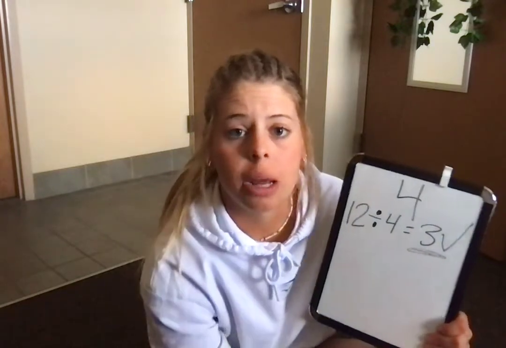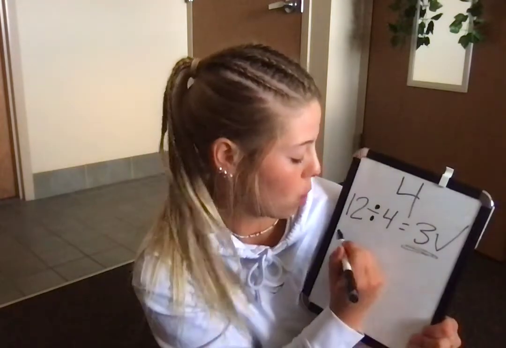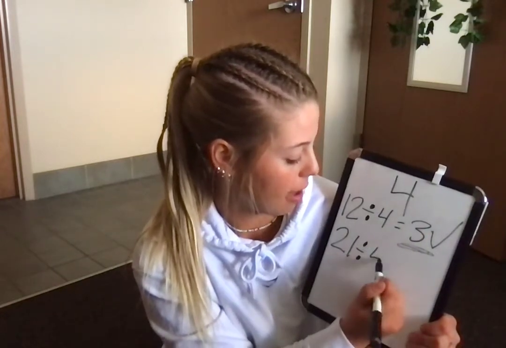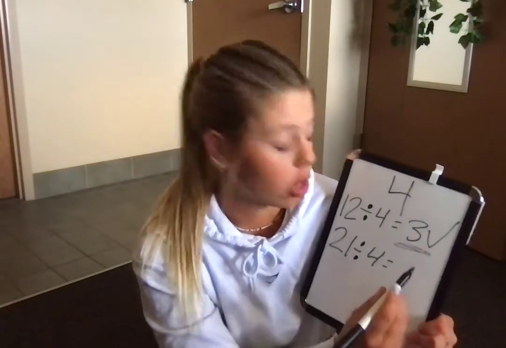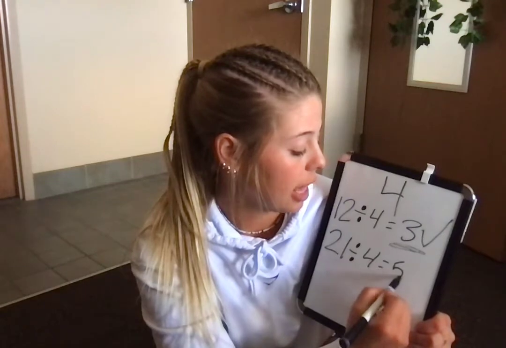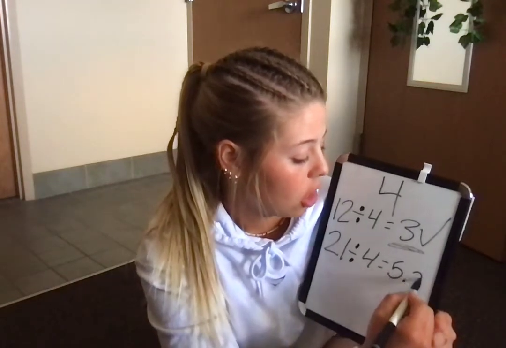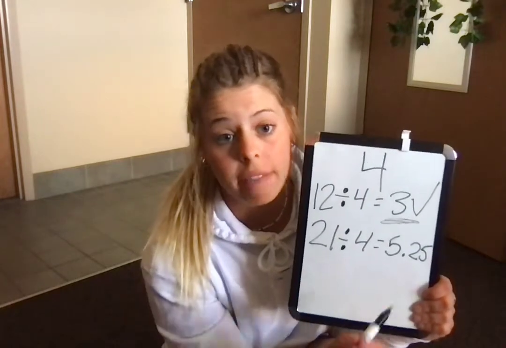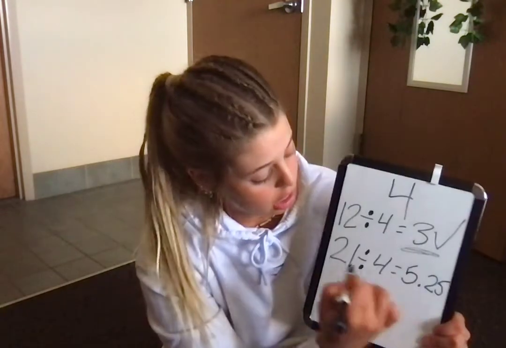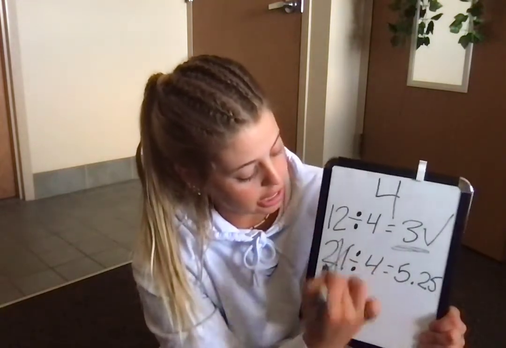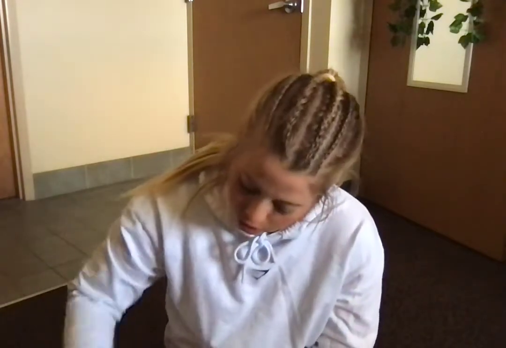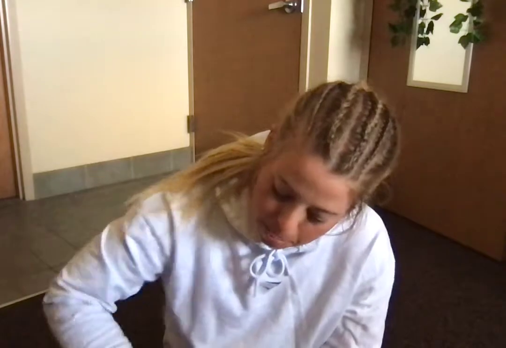And if we chose a number like 21 divided by 4, that would not work because the answer is 5.25. So once again, we have a decimal, meaning no, 21 is not divisible by 4. Let me erase my whiteboard again.